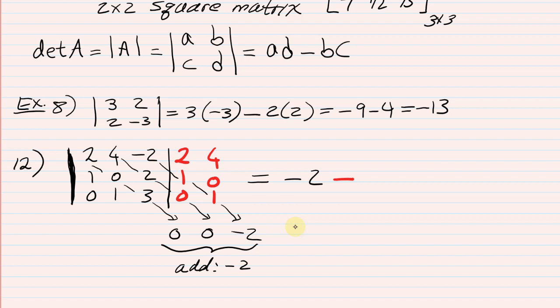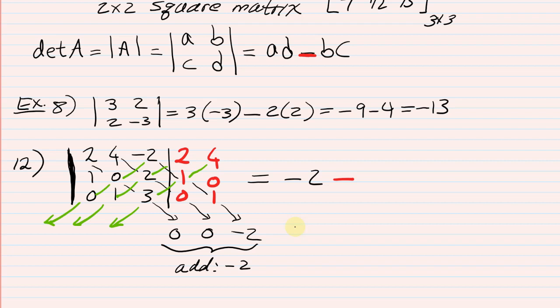But wait, that's not done. Minus. This negative here would be equivalent to the negative up there in the 2 by 2 case. Now, what are we going to subtract here? Well, we're going to subtract the products going in the other direction.